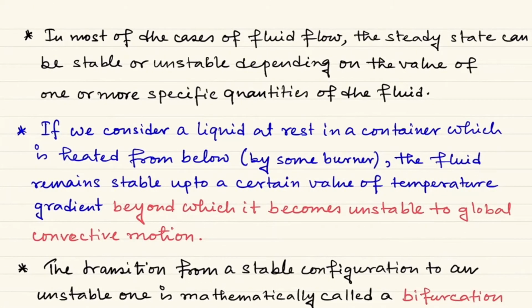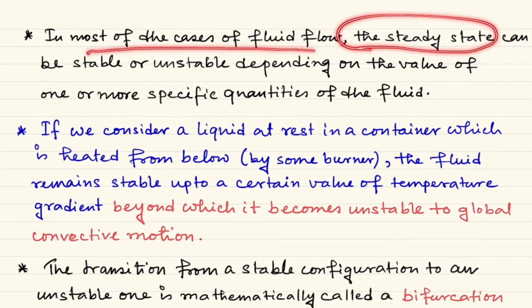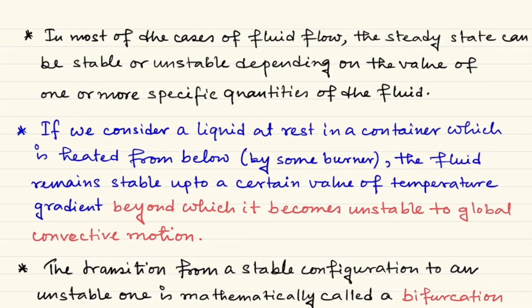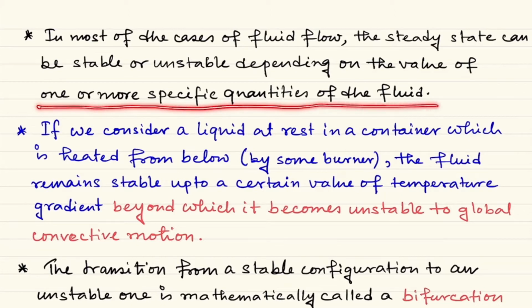Now, in most practical cases of fluid flow, it is observed that a steady state is neither absolutely stable nor absolutely unstable. A steady state can be stable or unstable depending on the value of one or more specific quantities of the fluid.